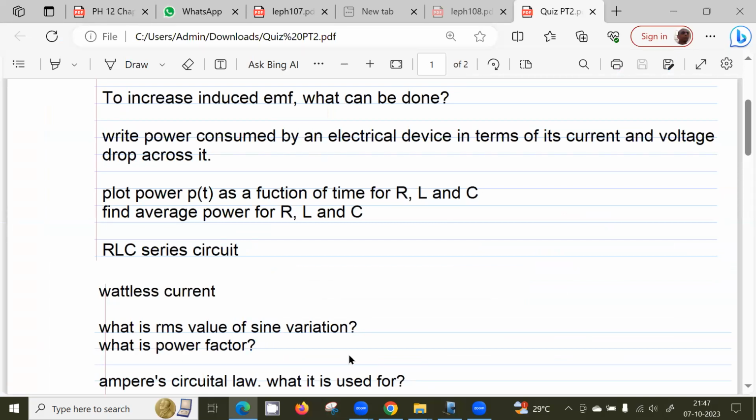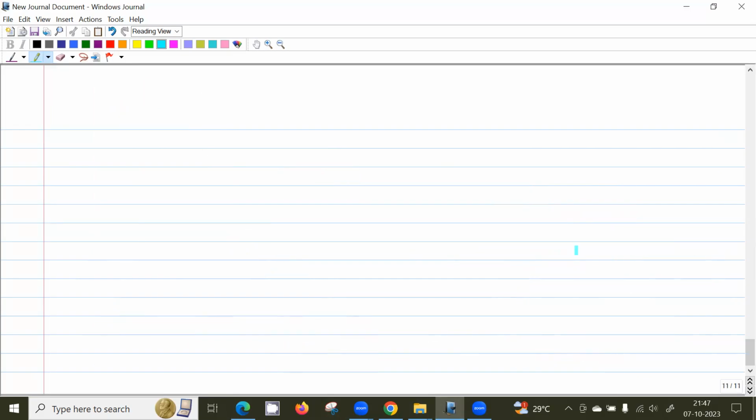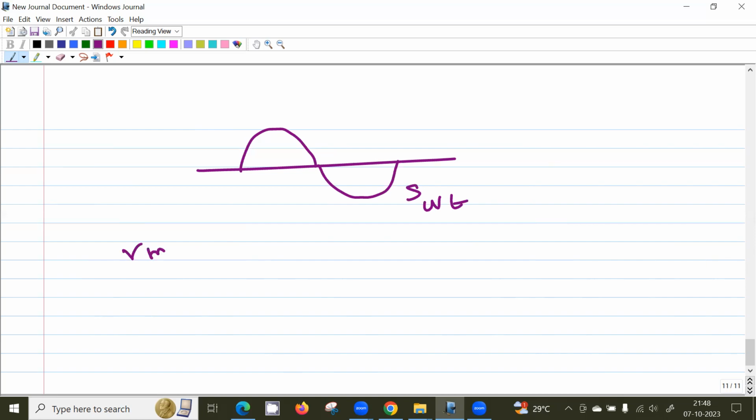Now the RMS value of a sine variation. That's a basic definition. If you have a sine variation like this, sine omega t, and you look at the definition of RMS, you first square it, then we take the mean, that is the average, and then we take the square root.